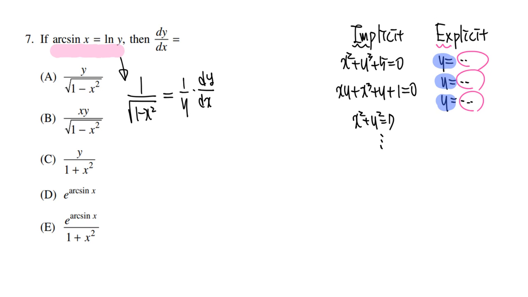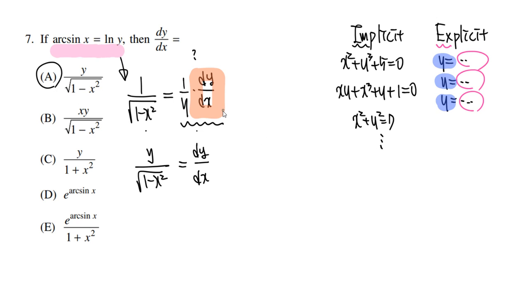If you want to get dy/dx, then you have to multiply by y on both sides. Then you get y over the square root of 1 minus x squared, and dy/dx here. Some students ask me why this dy/dx appears only beside the y, so I will show you why that happens.